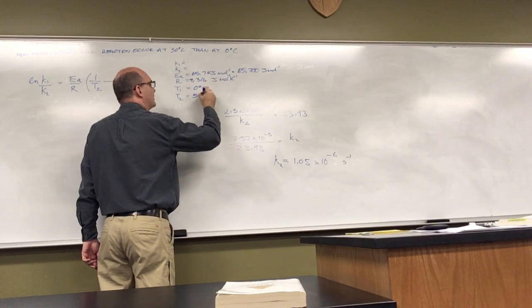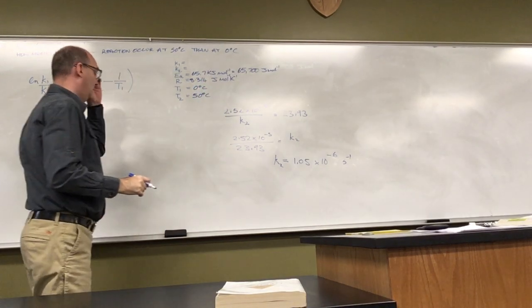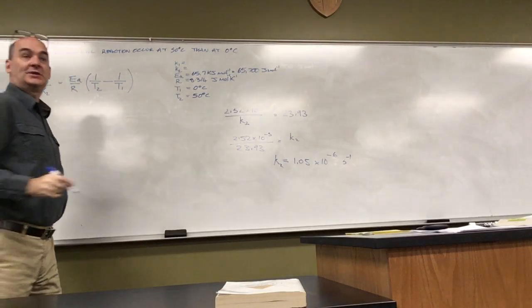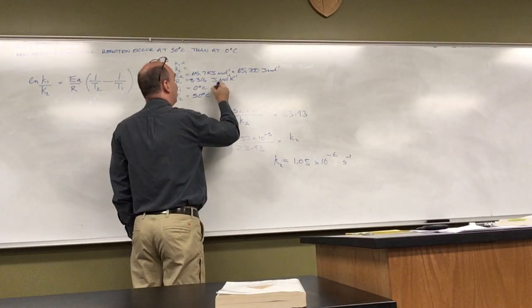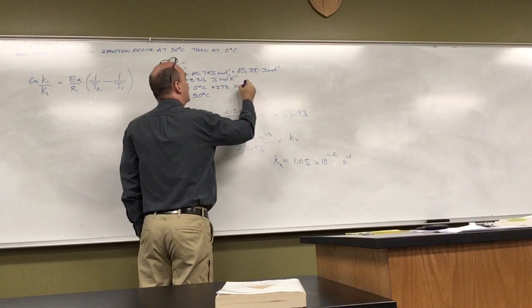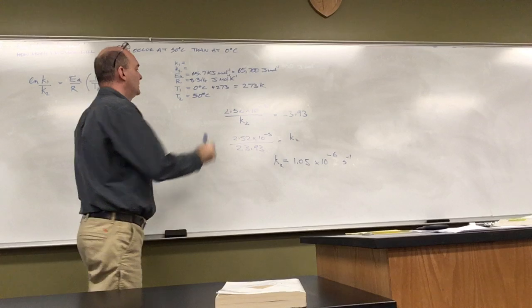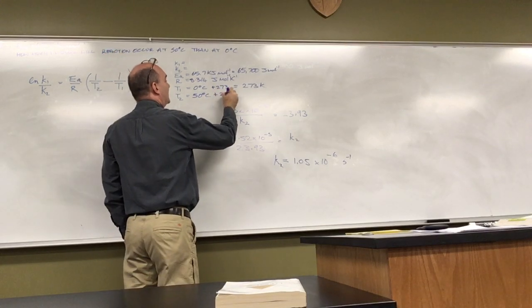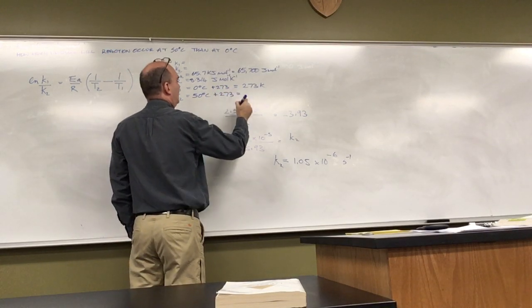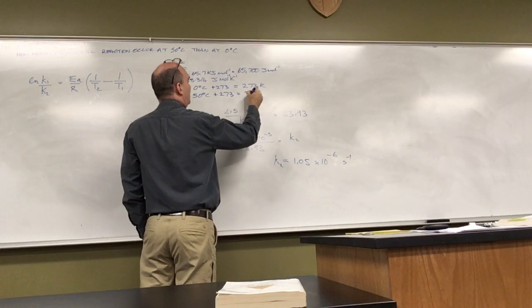My temperature runs from 0 degrees Celsius to 50 degrees Celsius. So my first temperature is 273 Kelvin. And my second temperature is what? 323 Kelvin.